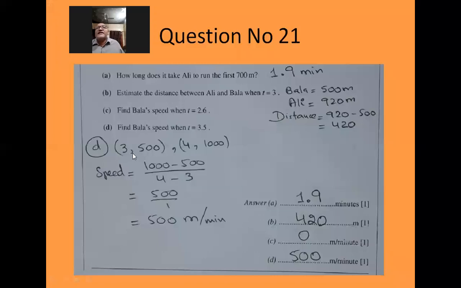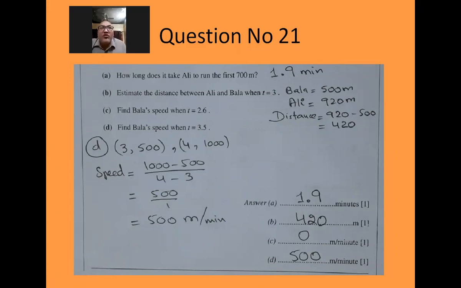So here you can see that in the D part, we have taken 2 points: 3, 500 and 4, 1000.